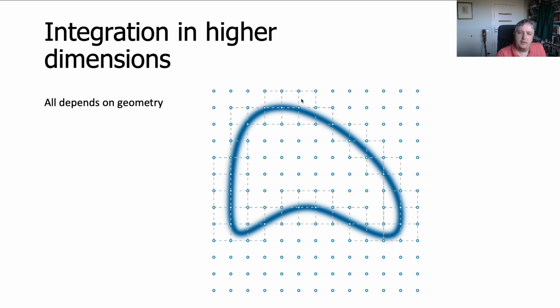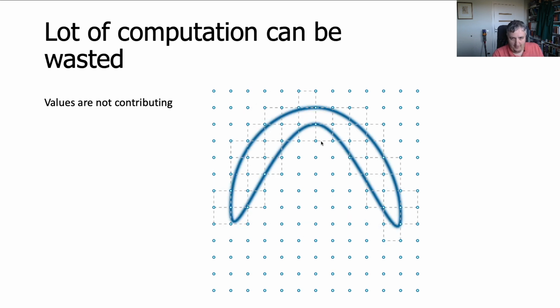If the function has a regular shape, then points evaluated on a grid are easier to find, and a lot of points on the grid contribute to the integral.